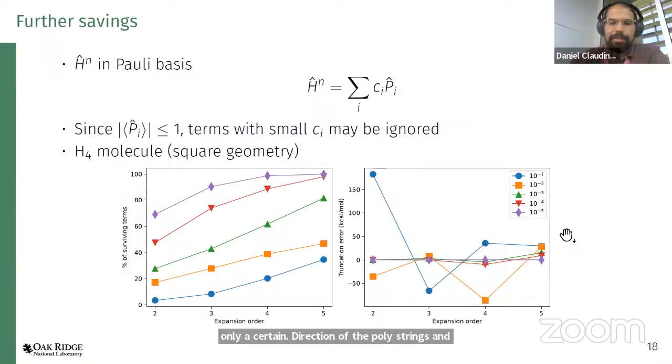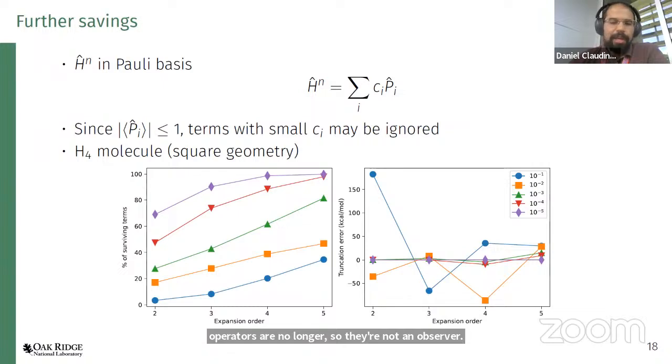For different thresholds here on the right, we see that there are some very aggressive thresholds in which your operators are no longer Hermitian, so they are not an observable, so they destroy that property.